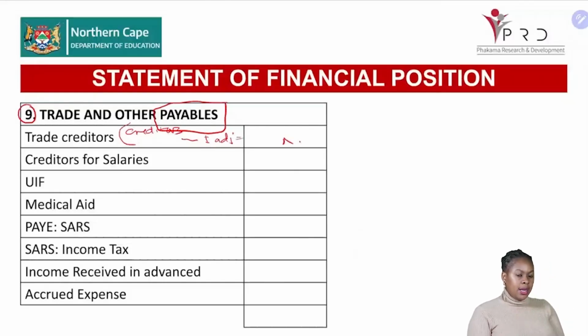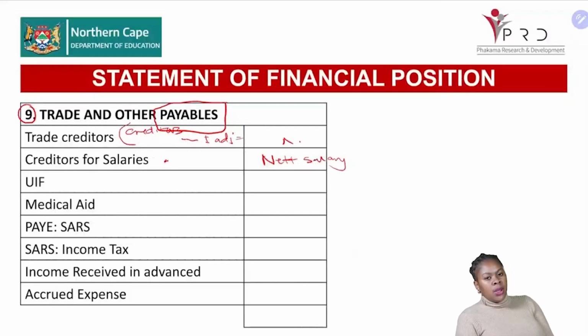All right. Then you have your creditors for salaries. These are the salaries we still owe that we still need to pay. All right. So that is where we put our net salary. So whenever you're dealing with salaries, grade 12, you need to understand the concept that you need to allocate for the total cost to company of that particular individual.